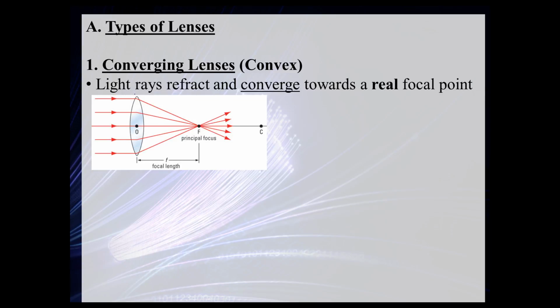This convex lens is a lens that you actually have in your eye. What it does is it takes rays of light and focuses them towards a focal point. I believe if you have really good vision, this should be perfectly focused on your retina.